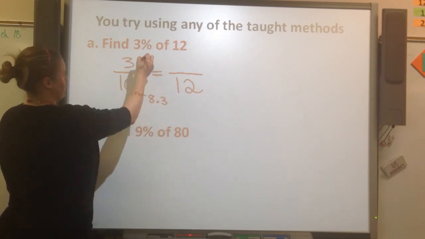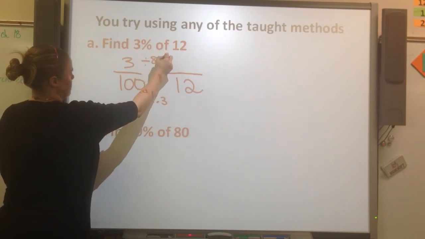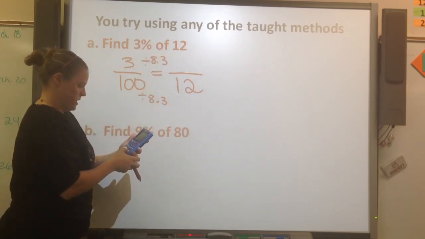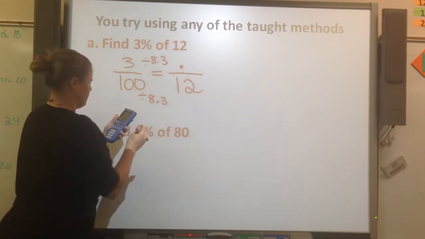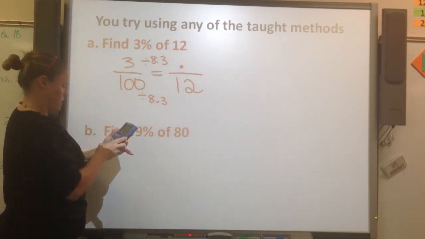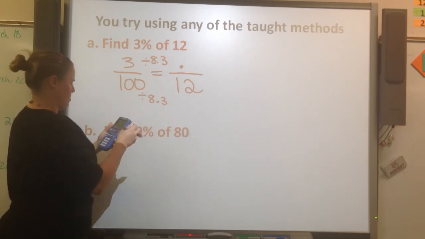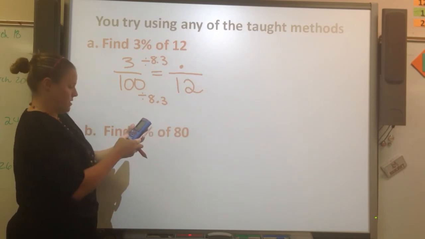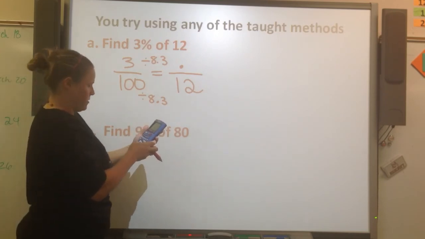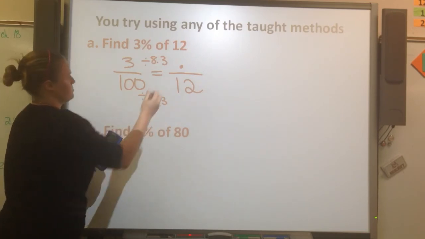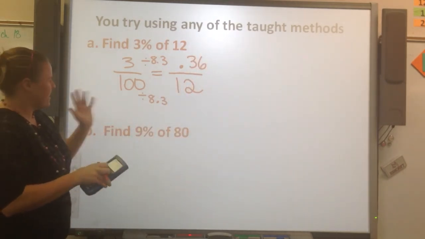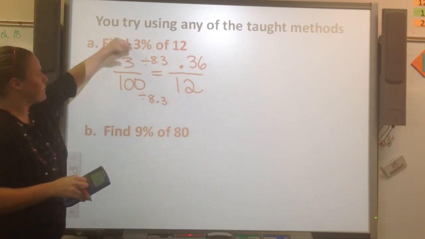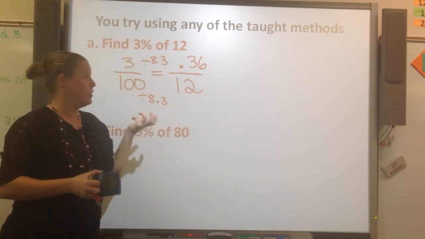So divided by 8.3. So 3 divided by 8.3 equals, let's see here. Sorry, I got lost. 3 divided by 8.3 is 0.36. So again, I stopped for a second because I was like, oh, that sounds really small. But again, if you think about it, 3% is a really, really small value.